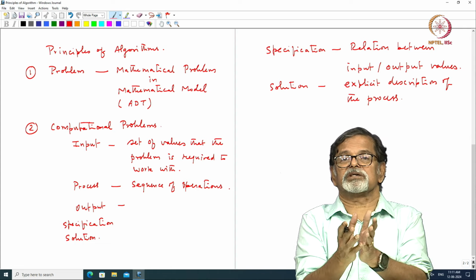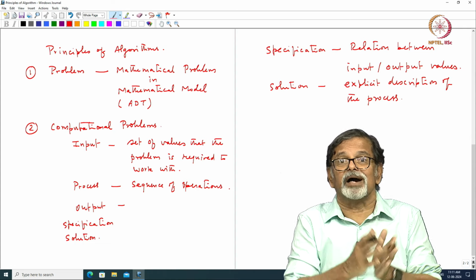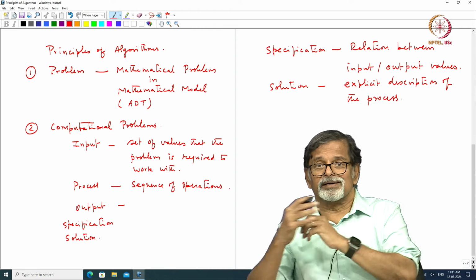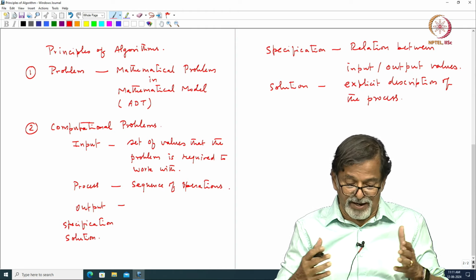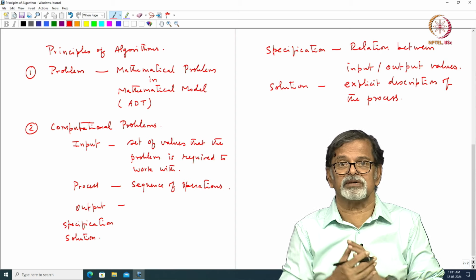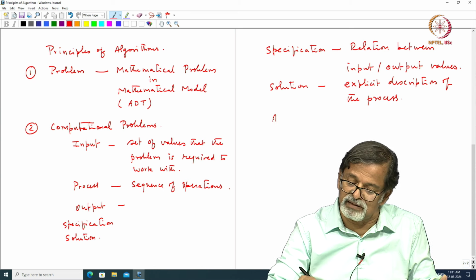What are all the operations you have to do on the values that you start with, and how you would obtain the output? That has to be specified, and that is the solution. Okay. And in computer science we call this an algorithm.